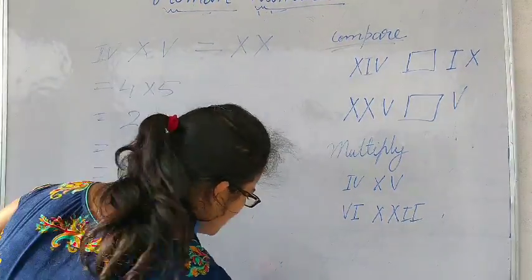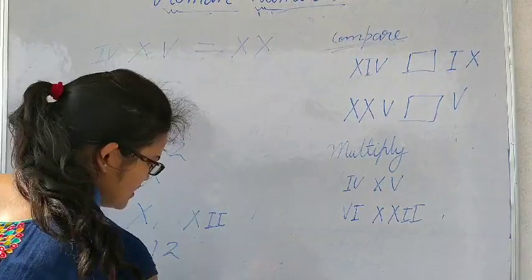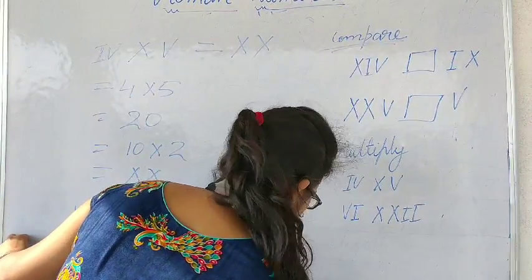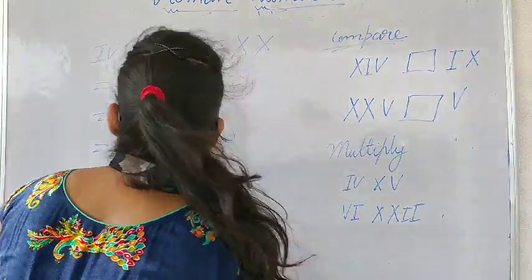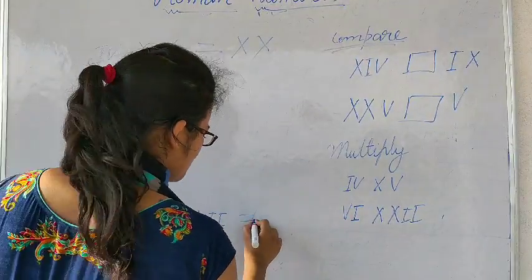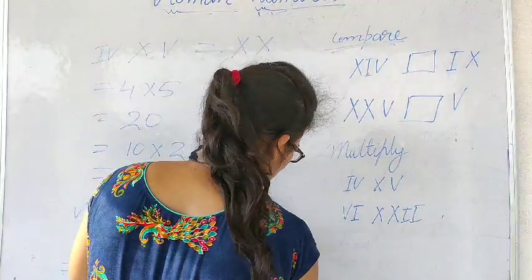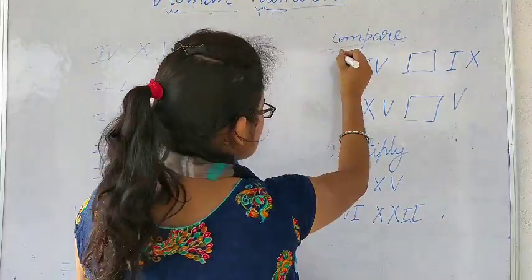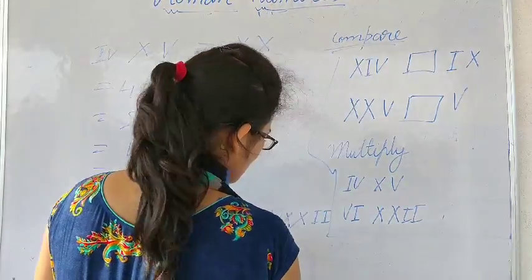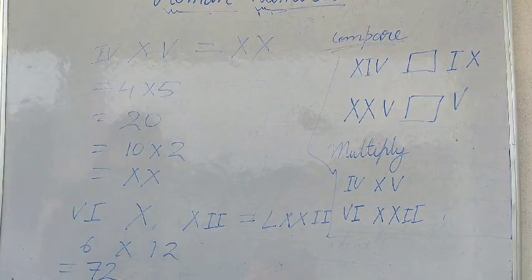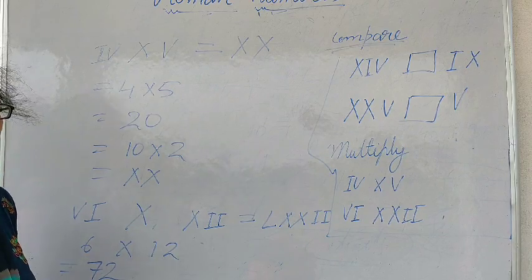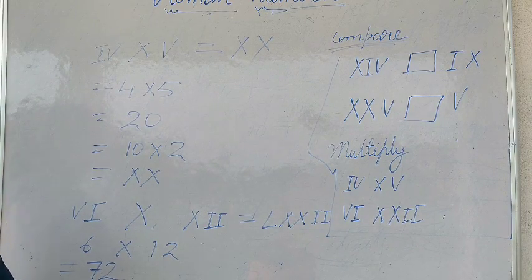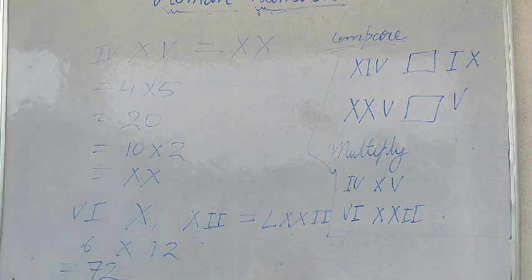So 50 is L, 10 plus 10 plus 2. So the number after multiplication, as a product we can get, is LXXII. So with the help of this explanation, you can complete your exercise questions also.